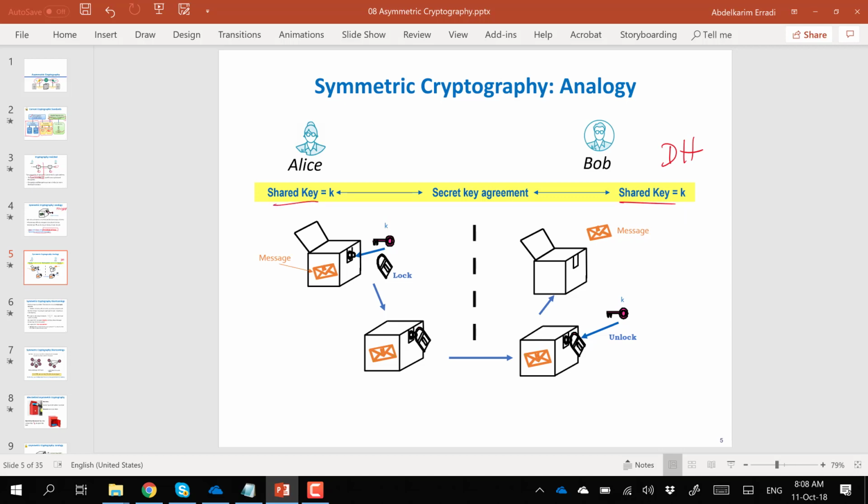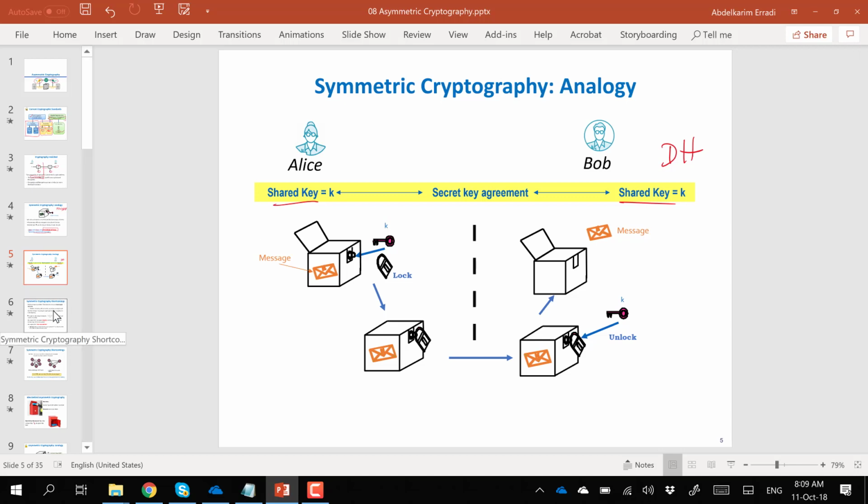That's what Diffie-Hellman gives us. And then we use the key. If I want to send something secure, I put it in the box, lock it with the shared key, send it off, and the recipient, once they receive it, can unlock the box using a copy of the key, and then get the message. That's basically the idea of symmetric cryptography, hopefully in a very clear way.